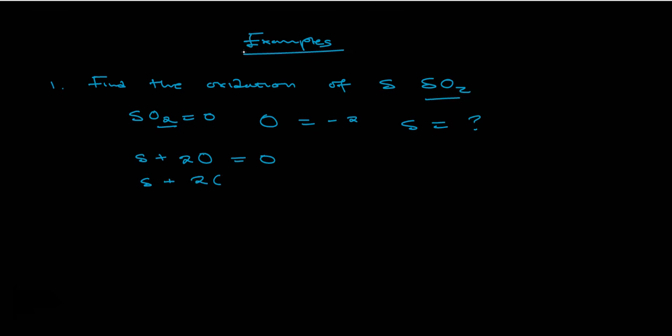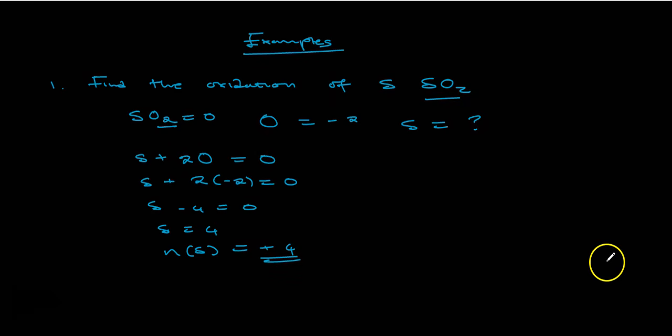Oxygen we know is -2, so S + 2(-2) = 0. S - 4 = 0, so S will be +4. The oxidation number for sulfur is +4. Very simple.